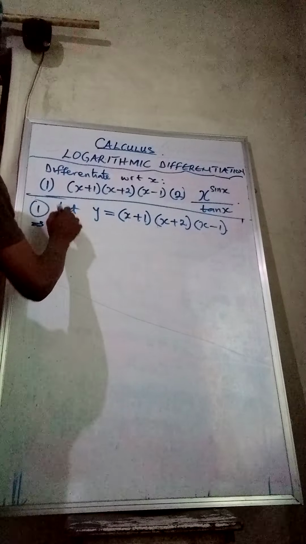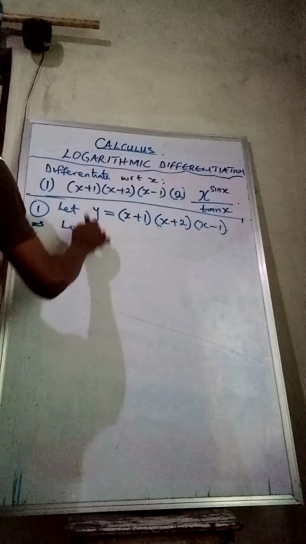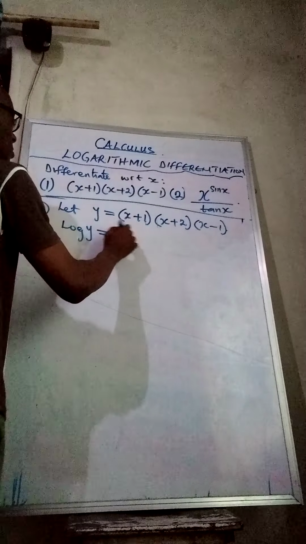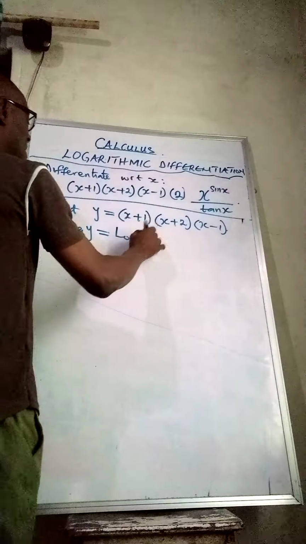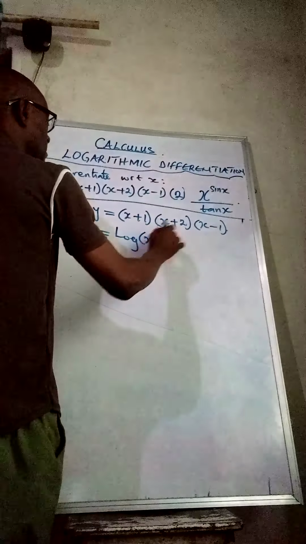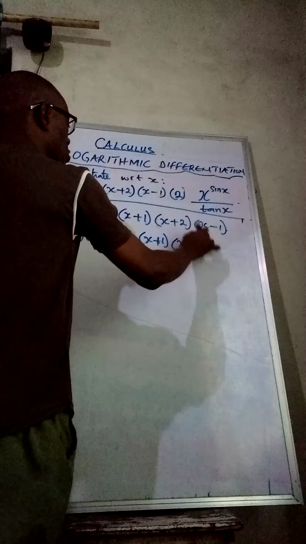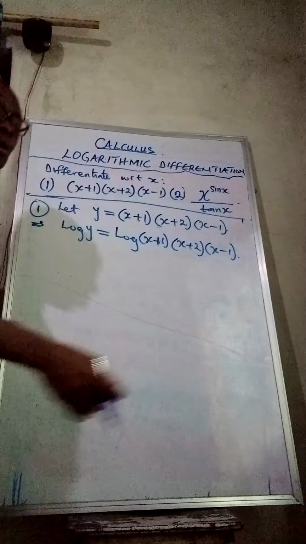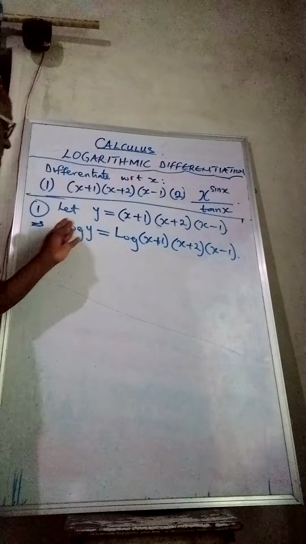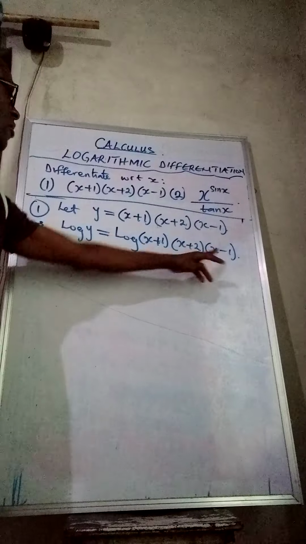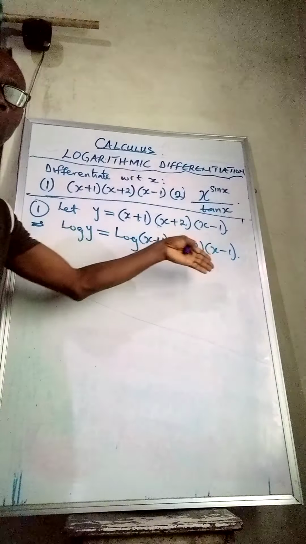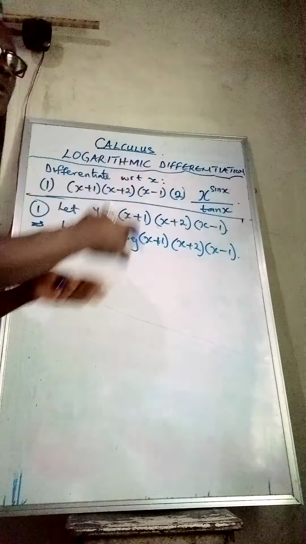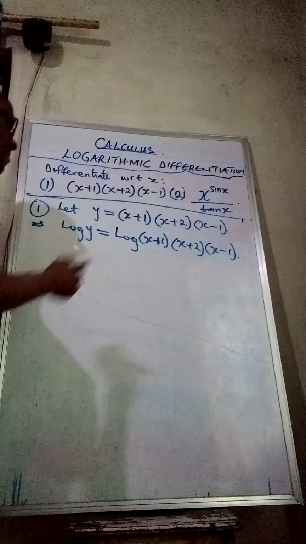That means log y equals log of (x plus 1)(x plus 2)(x minus 1). According to the law of logarithm, each of these functions will take its own log and will be separated by addition sign.